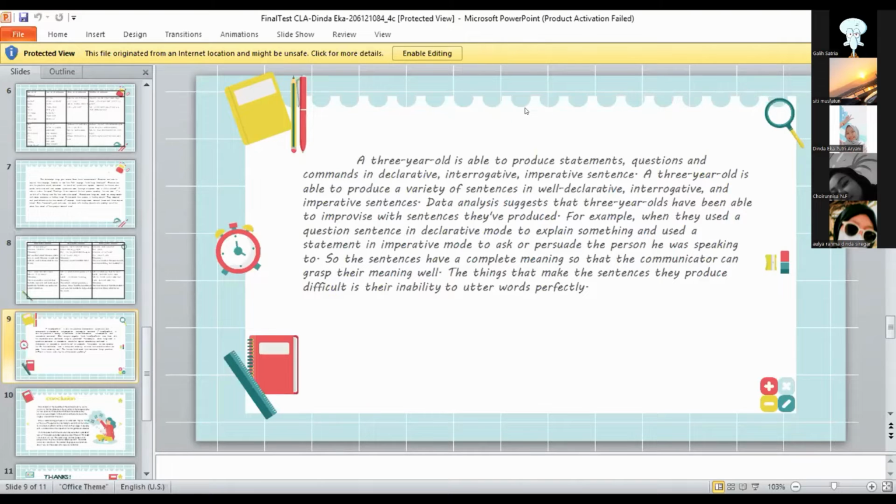For example, when they use a question sentence in declarative mode to explain something and use a statement in imperative mode to ask or persuade the person they are speaking to. So the sentence has a complete meaning so that the communicator can grasp their meaning well. The thing that makes the sentences they produce difficult is their inability to utter words perfectly.